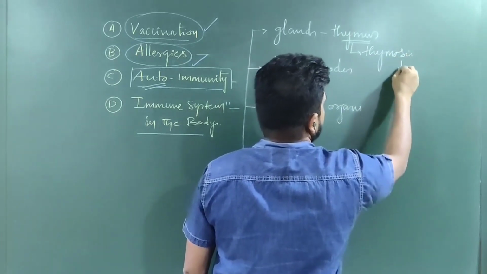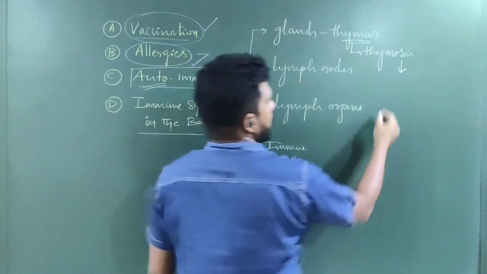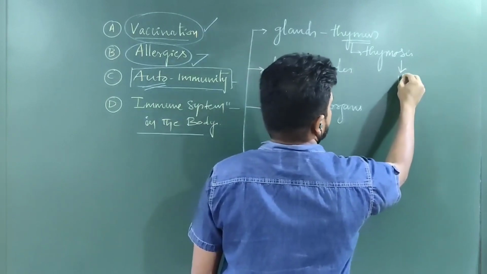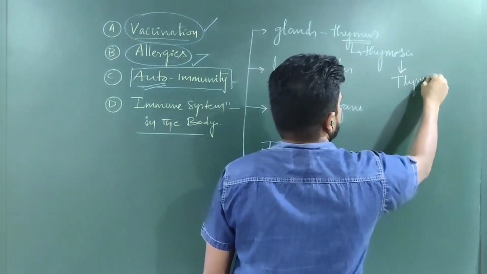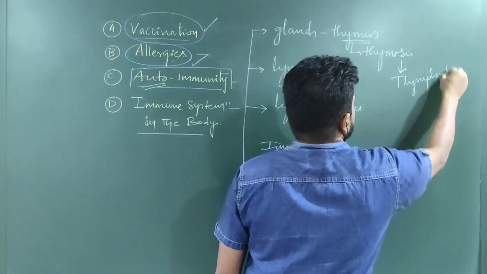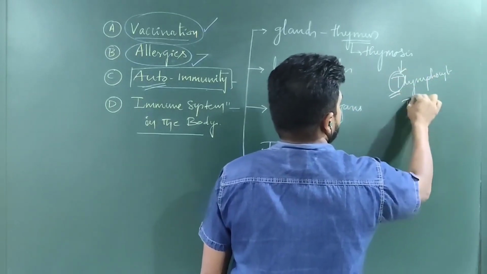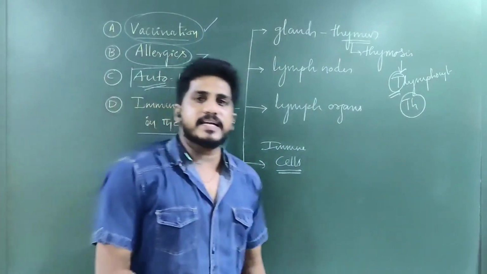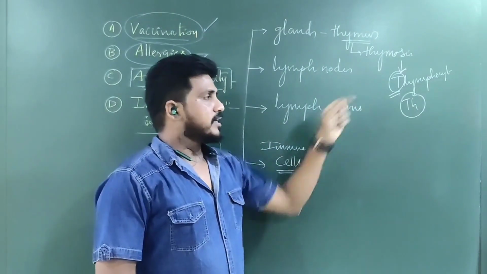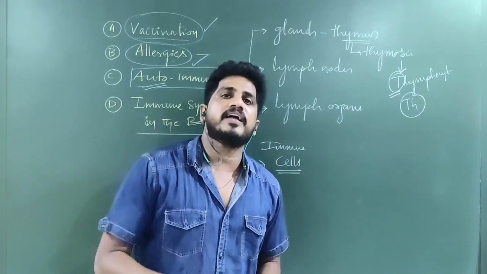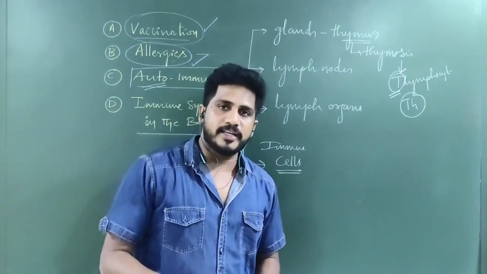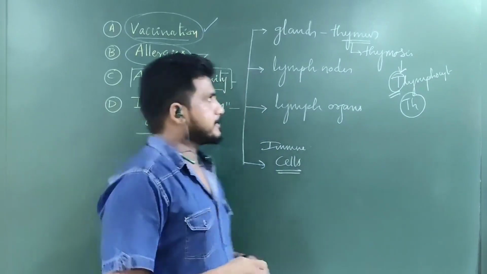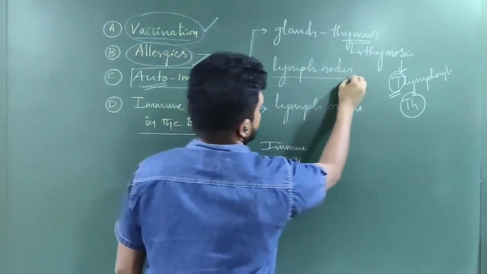Thymosin is very helpful for the production of T lymphocytes. T stands for thymus, mainly T helper cells. As after puberty the size decreases, the secretions decrease, and T lymphocyte production also decreases, and that's why after 35 or 40 years more infections take place. Now next, lymph nodes.